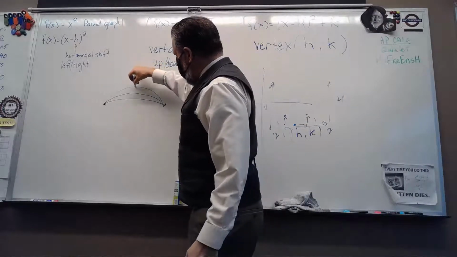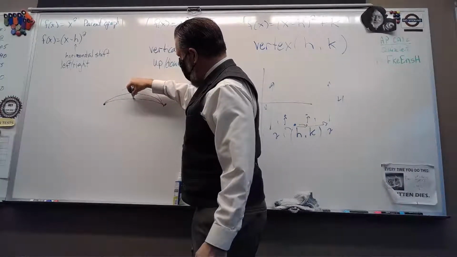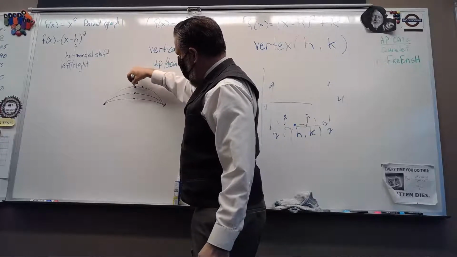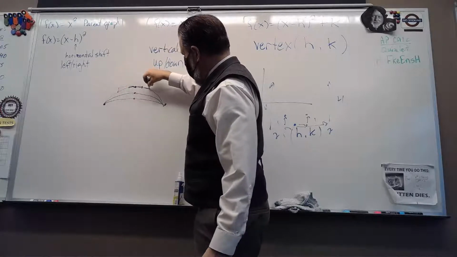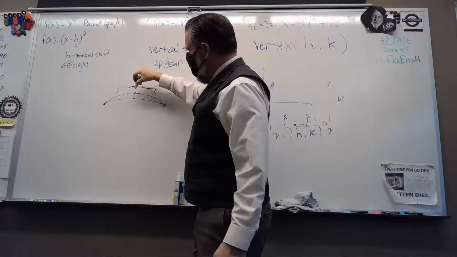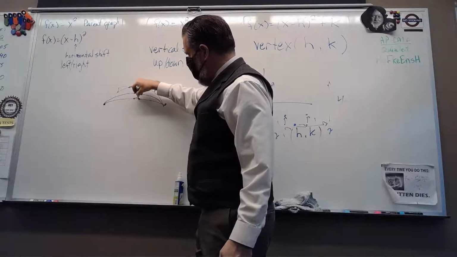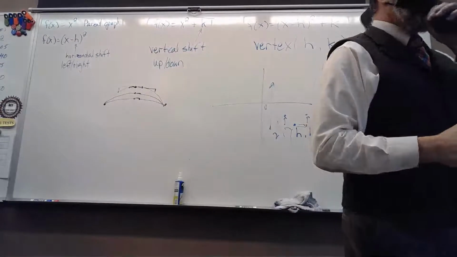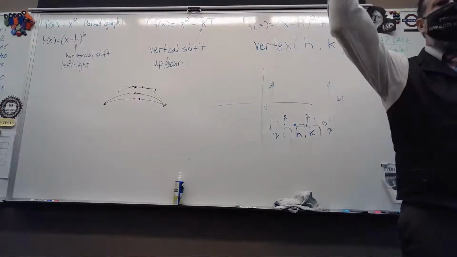But if I look at the vertex on each of these parabolas, if this is 1 and 1 and 2 and 4, there's no way that this could also be 1 and 1, and there's no way that this could also be 1 and 1. Every parabola can't be 1, 1, 2, 4.